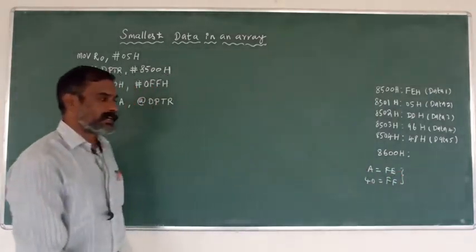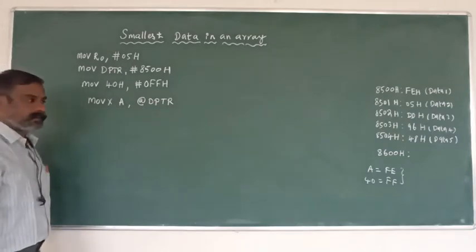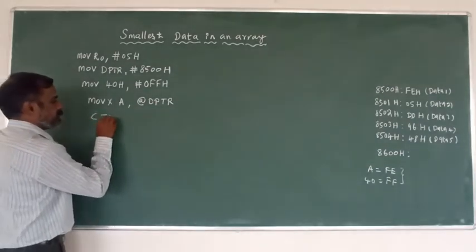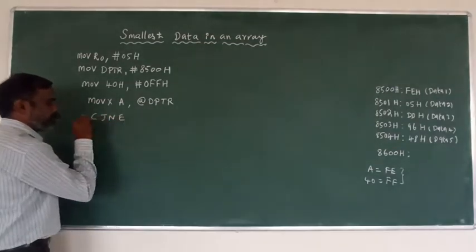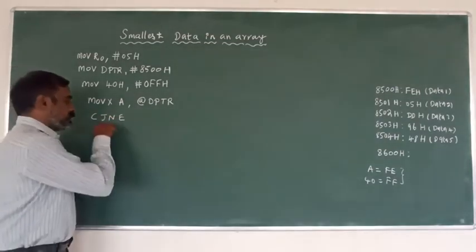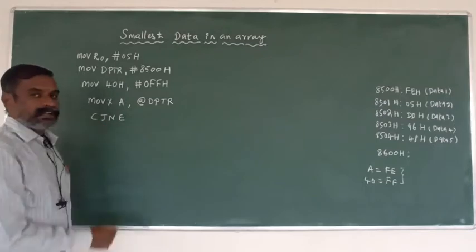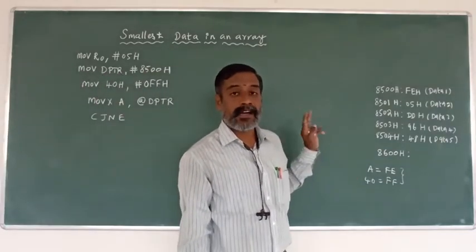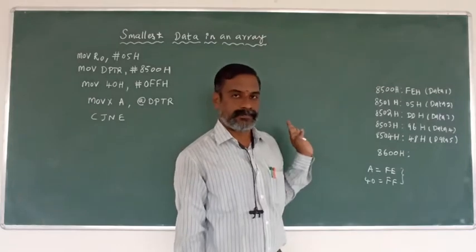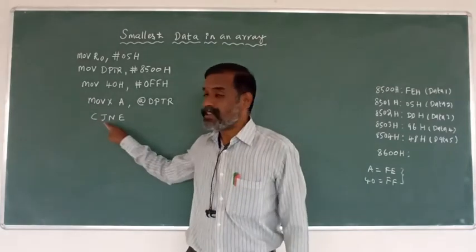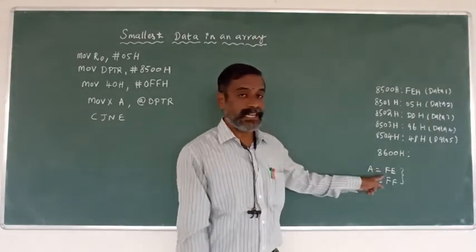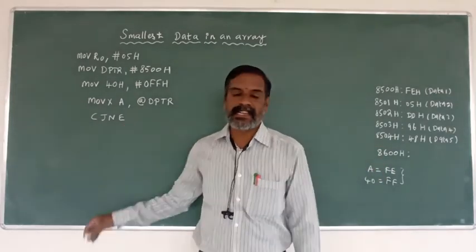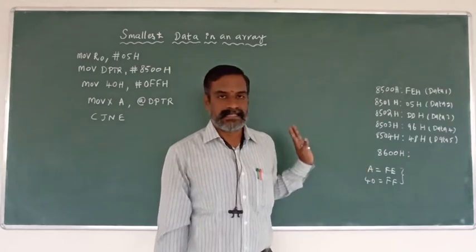First we have to compare these two data. For that we can use CJNE, compare and jump if not equal. Now to compare these two data, whether both data are the same or not. Compare jump if not equal. If both data are not equal, jump to the given address.